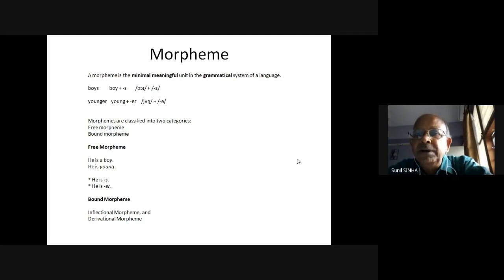Now, let us come to bound morpheme. Bound morpheme further can be subdivided into inflectional morpheme and derivational morpheme. Right. So now let us look at what is an inflectional morpheme and what is a derivational morpheme.